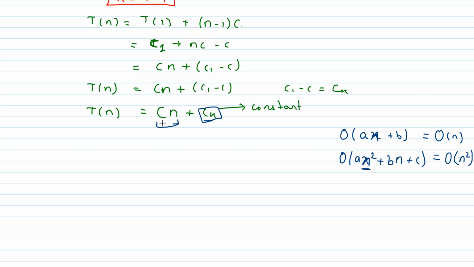So now if you look at this equation, cn plus ck, ck is constant and cn is there, so we can get the complexity of the given recurrence relation, that is T of n is big O of cn plus ck, which is equal to big O of n.